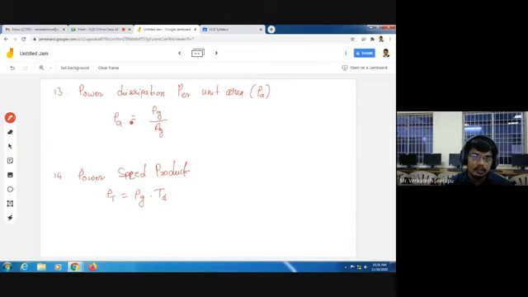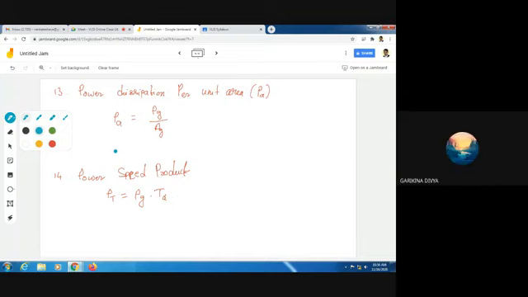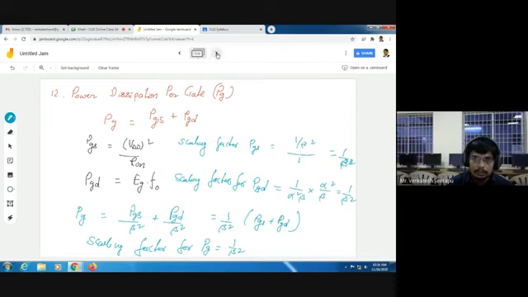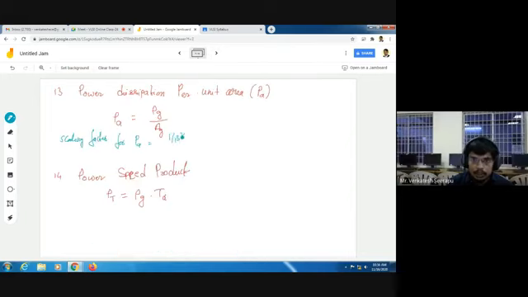What is the power dissipation per unit area scaling? What did you get? Alpha square by beta square, alpha by beta whole square. Next, find PT also. PG has a scaling factor 1 by beta square, and AG has a scaling factor 1 by alpha square.